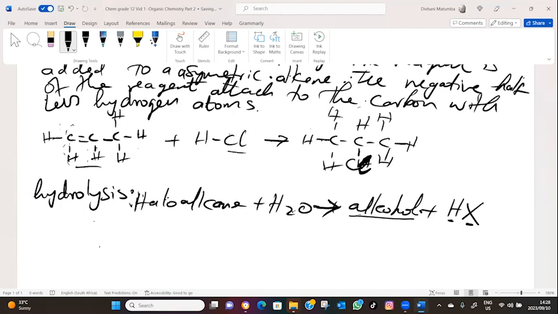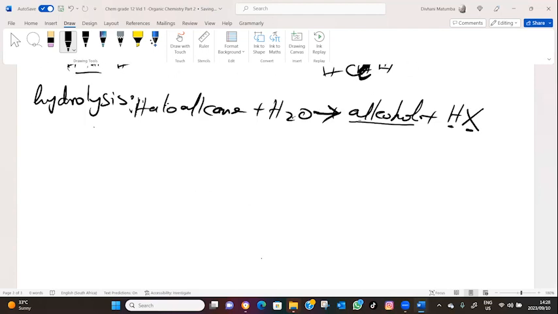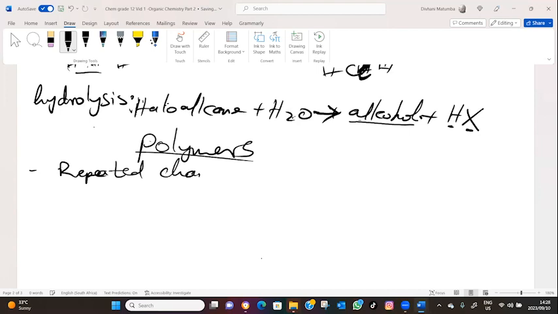Now, moving right along, we have the so-called polymers. What are polymers? Repeated chains of monomers.